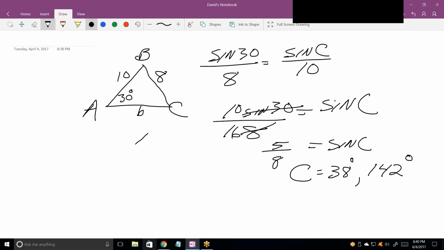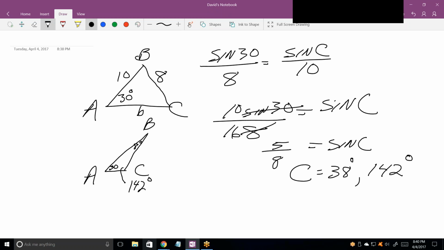So I actually have two different triangles that will work here. One of them looks like this, where that is 142 degrees. I still have 30. That leaves 8 degrees for that one right there.